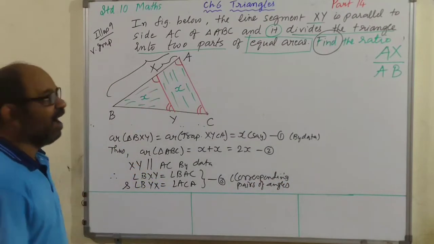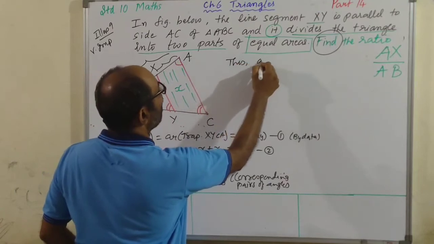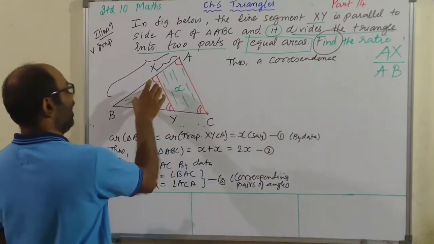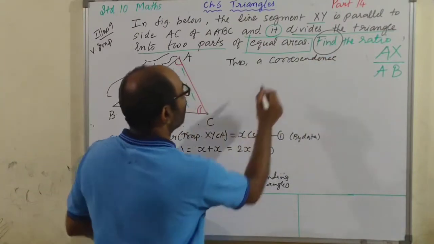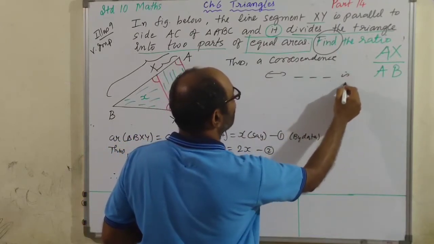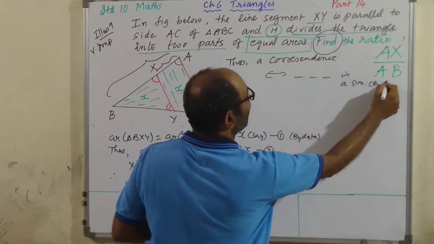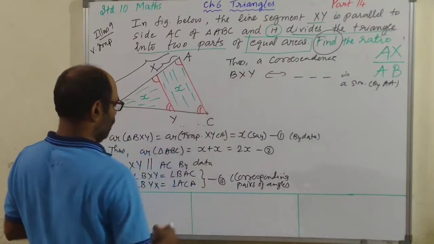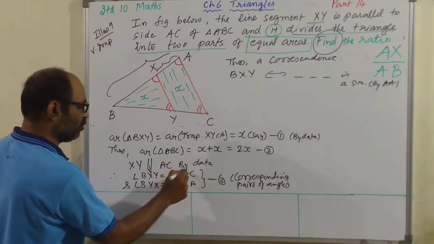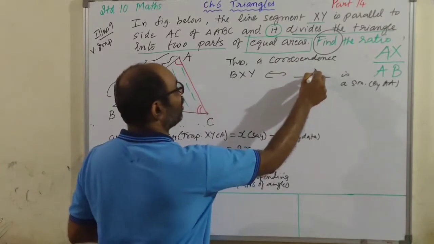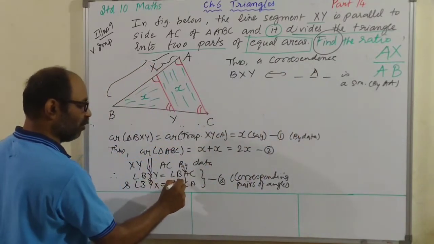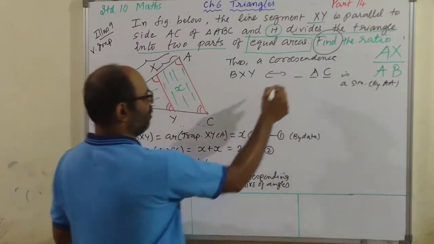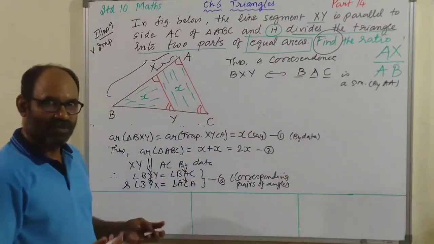Finished. AA is satisfied. Thus, a correspondence. Triangle BXY corresponds to dash dash dash is a similarity by AA criterion. I write BXY. Now say X corresponds to A. X in the middle, A should go in the middle. Y corresponds to C. Y is last, C should go last. So A and C have come, B is left. Correct? So that similarity is done.